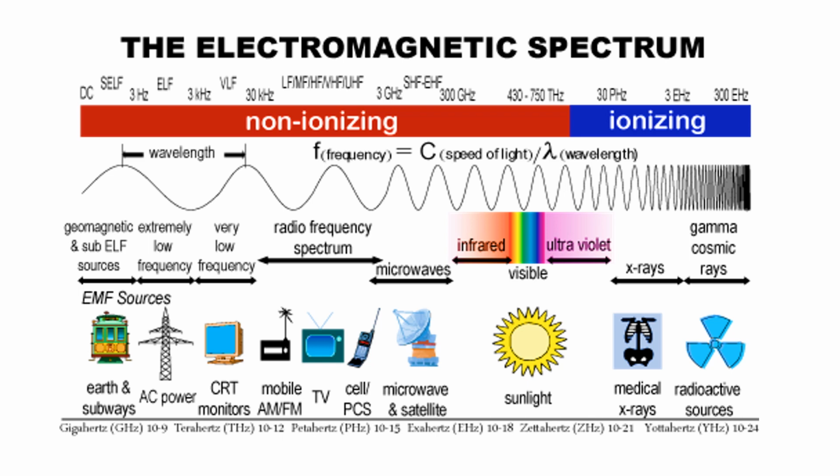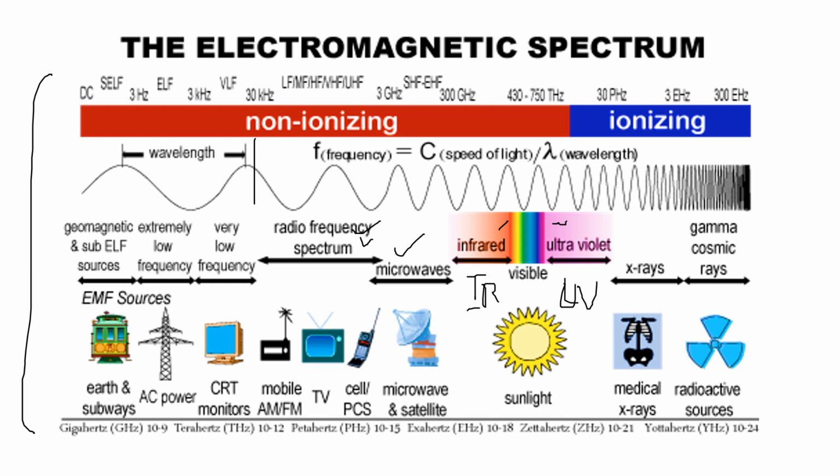Now here you can see a work of all the things. Here you can see that this wavelength is specified with geomagnetic and sub-ELF resources, extremely low frequency, very low frequency, and then it comes with the term of the radio frequency spectrum, and then microwaves, and then infrared, ultraviolet, that is basically IV, and no, it's not IV, it's IR, and then UV.